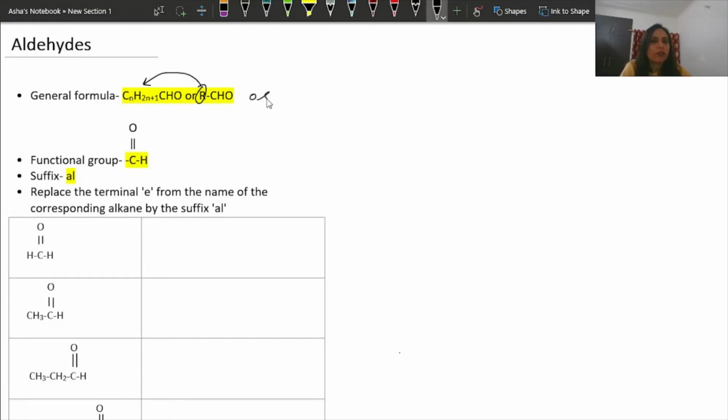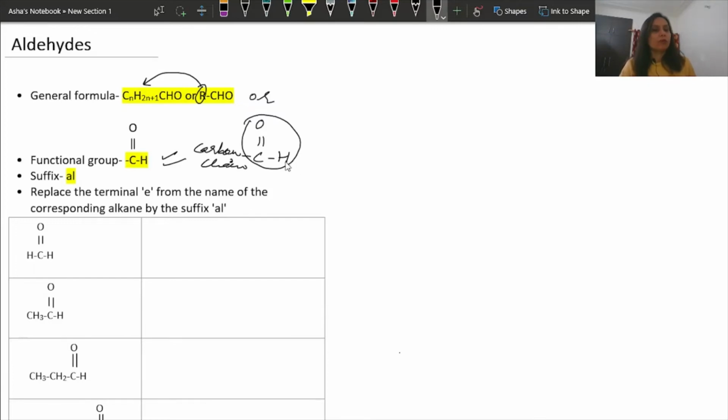CHO, or instead of CHO we also write this as a functional group, where C is attached on one side with the H, on the other side it is attached with the carbon chain. This side there is a carbon chain here, and there is a double bond O. So this is the identification of the aldehyde group. If you are seeing it, it means there is a presence of the aldehyde group.